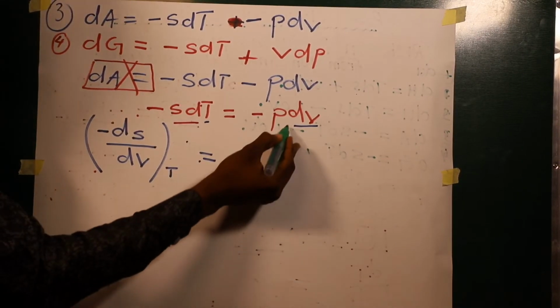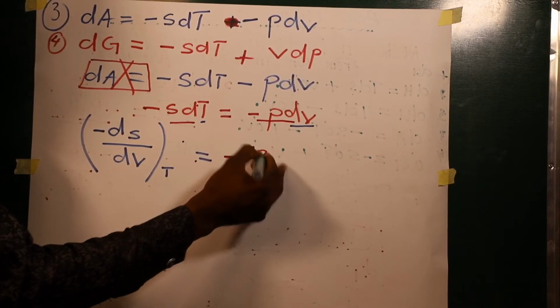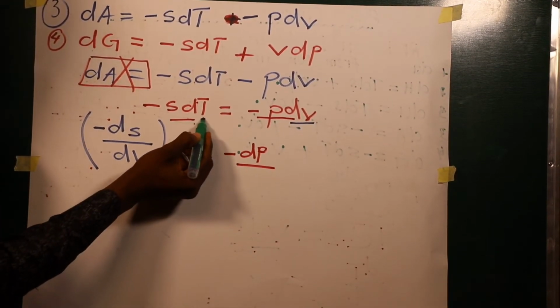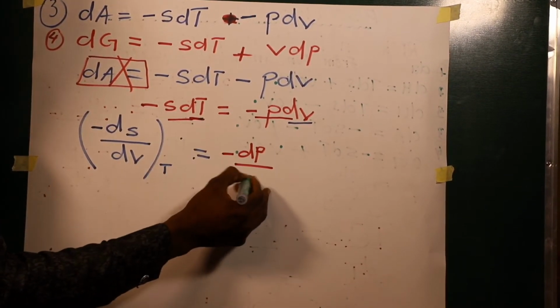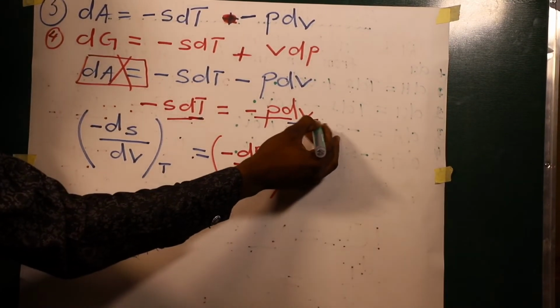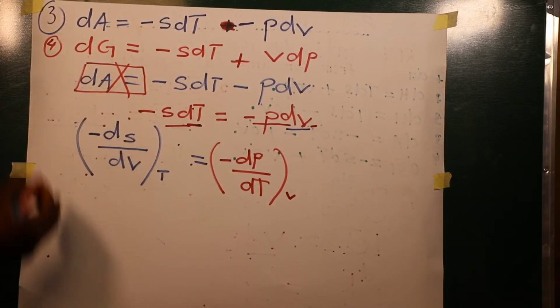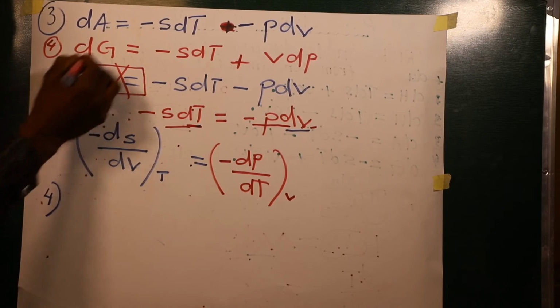Then we take the first two variables in the second part of the equation, that is minus dP. We divide it by the last two variables in the first part of the equation, that is the dT. We close the bracket with respect to V. That is very simple. This is the deduced Maxwell equation.